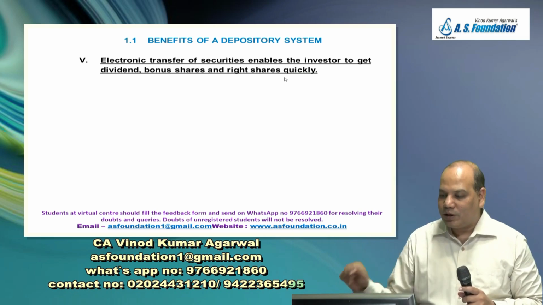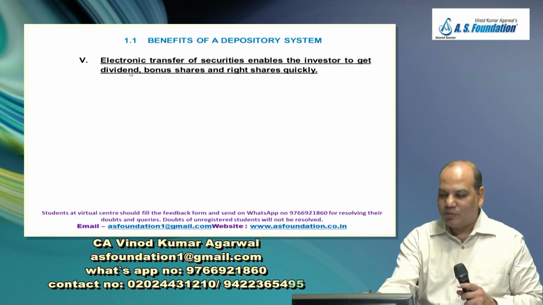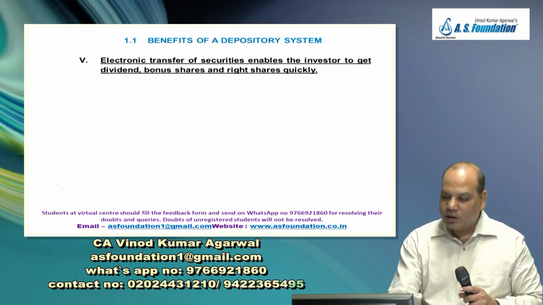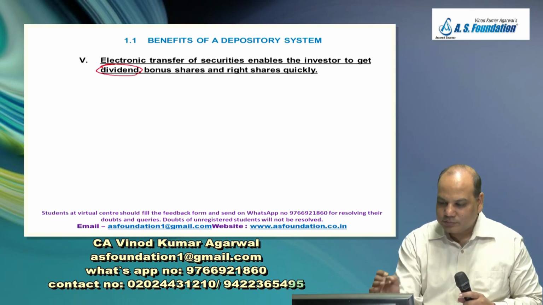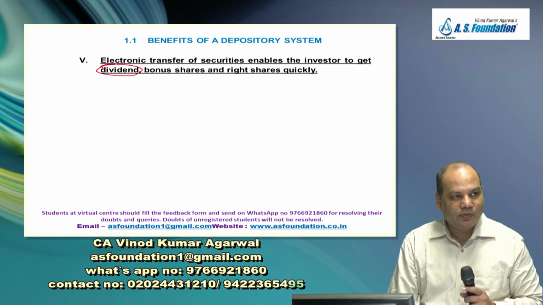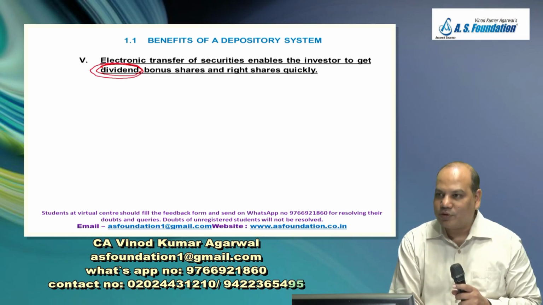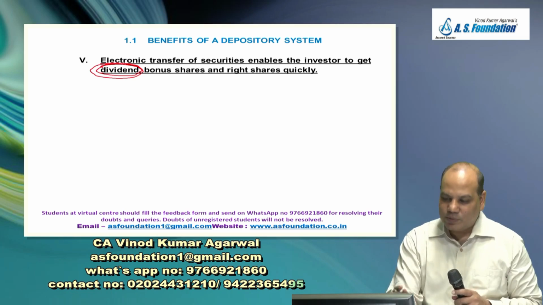So if you have a demat account and a bank account linked to that demat account, nowadays the moment the company pays dividend, it gets transferred to your bank account. And one of the reasons it is so fast is because of demat also. Earlier what used to happen, it happens now also.